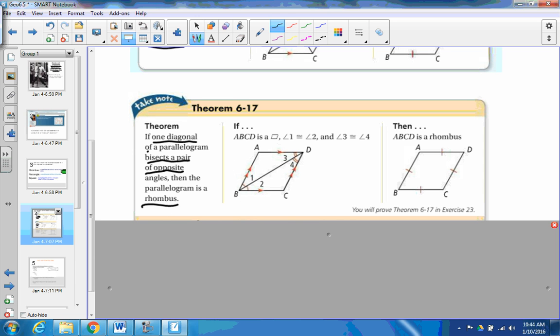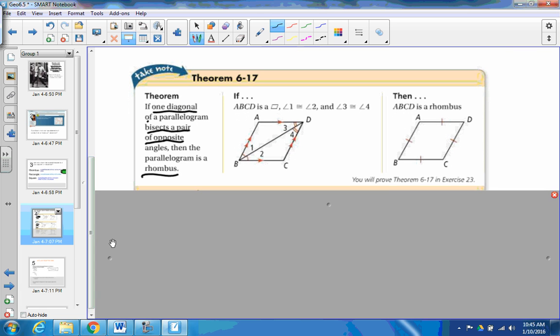So there's another way to prove it's a rhombus. We have parallelogram ABCD here. Angle 1 is congruent to angle 2, and angle 3 is congruent to angle 4, which means that diagonal bisected those angles, meaning it's also a rhombus. Could be a square, but we can't prove that much. We know that at least it's just a rhombus with this theorem.